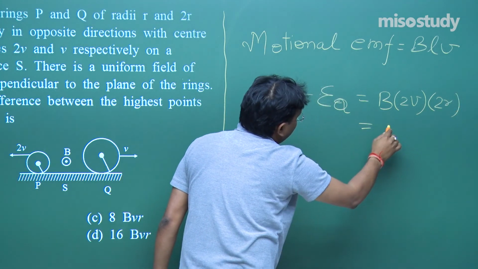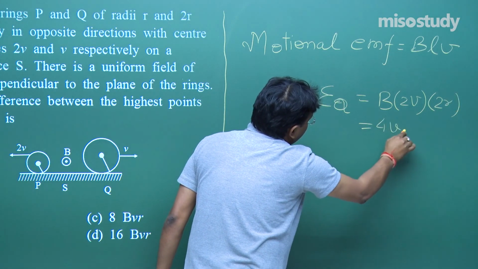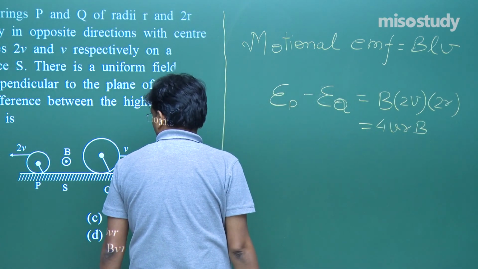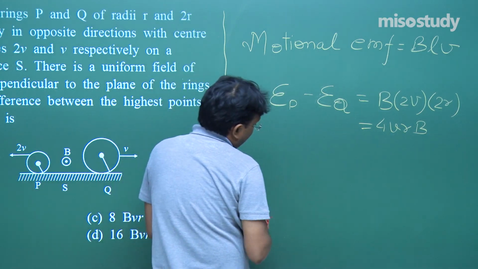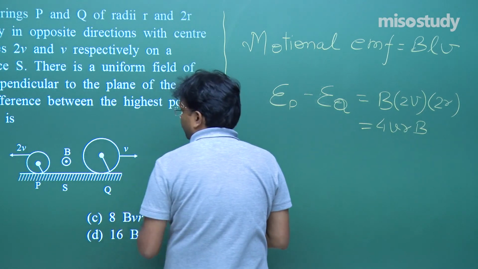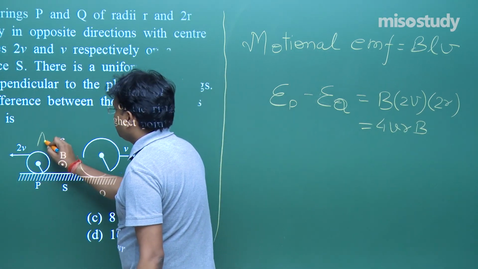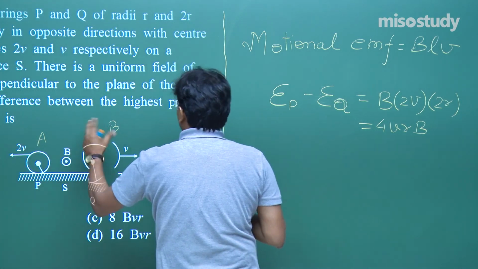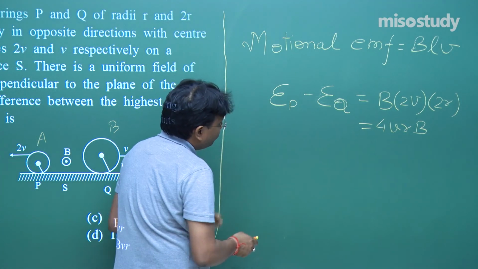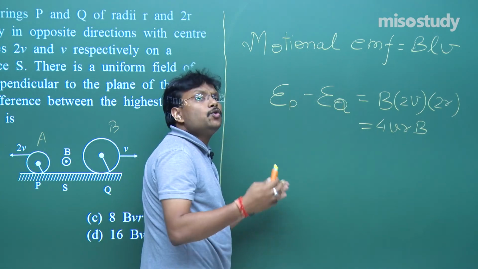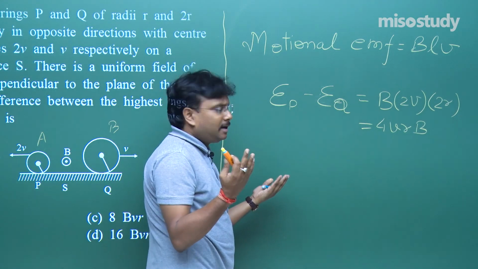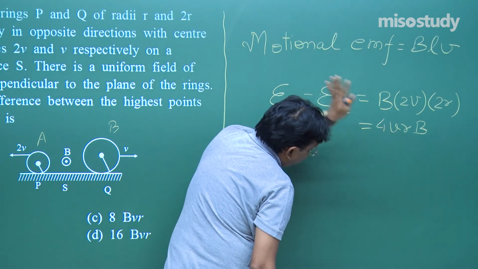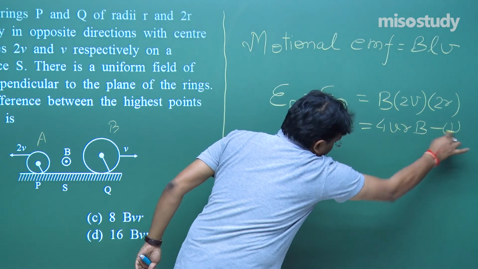It will give you 4BVR. This is situation number 1, the initial situation. Basically, you can say this is position A and this is position B, and when they move away they are in a different position. I can represent it as P and Q, or A and B, no problem. So, 4BVR, that is equation number 1.